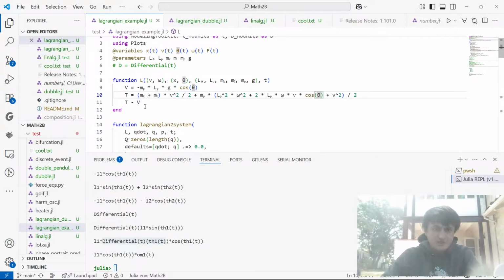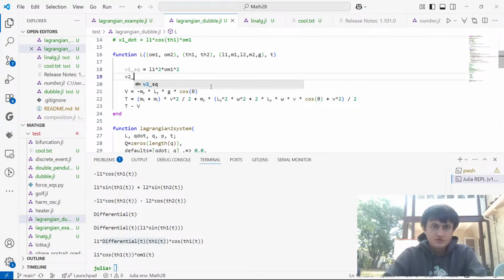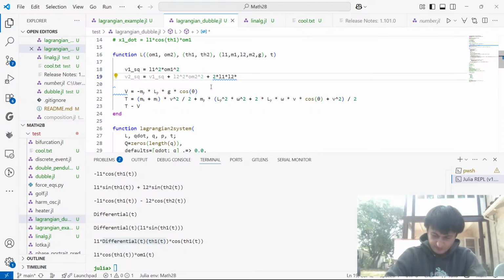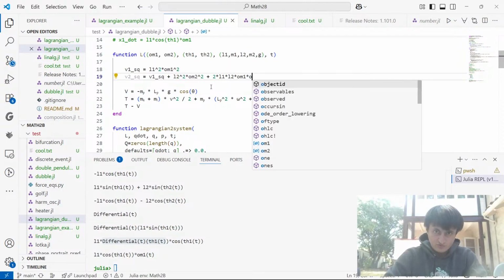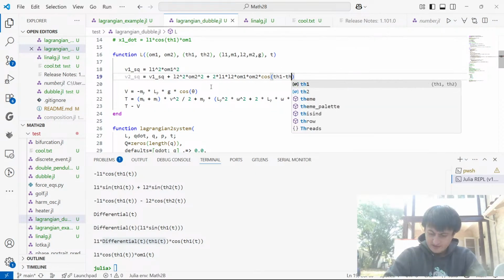We're going to say that V2 squared is equal to V1 squared plus L2 squared times omega 2 squared plus 2 times L1 times L2 times omega 1 times omega 2 times cos theta 1 minus theta 2.